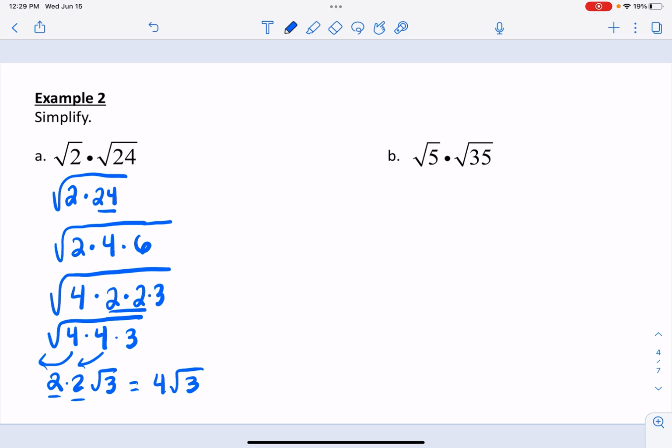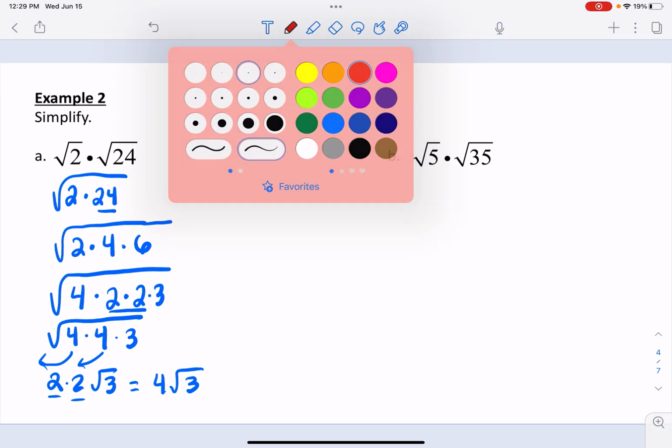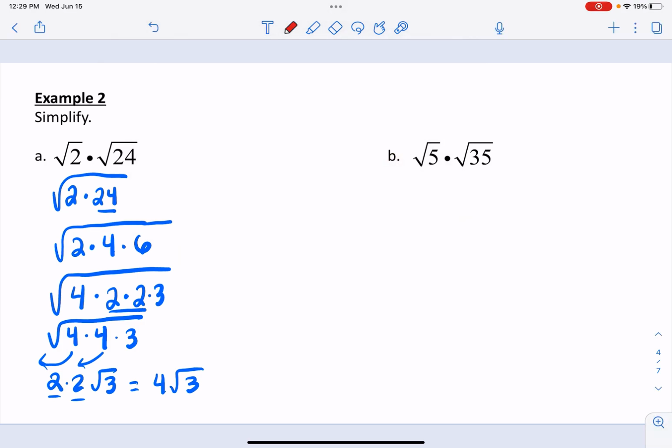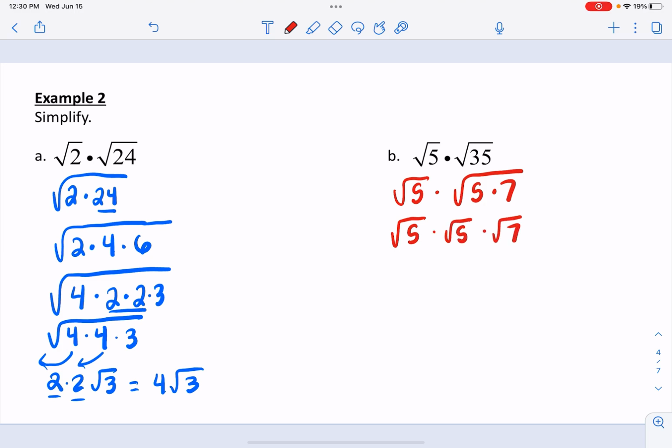Doing the same thing over here. I'm going to do this other one a little differently. Because there's so many ways you can approach these problems. I just want to give you guys all of the possible ways. So I have root 5. 35 can break up into 5 times 7. Which is really root 5 times root 5 times root 7.